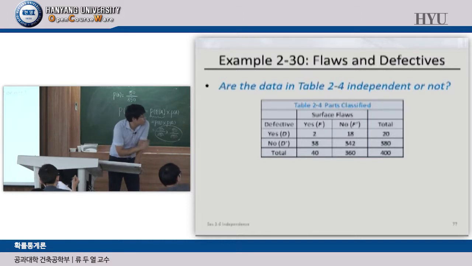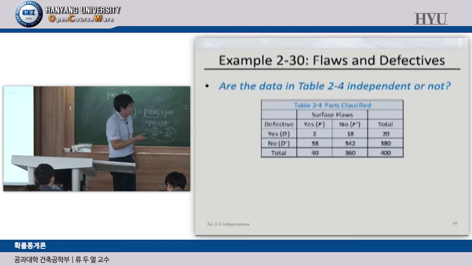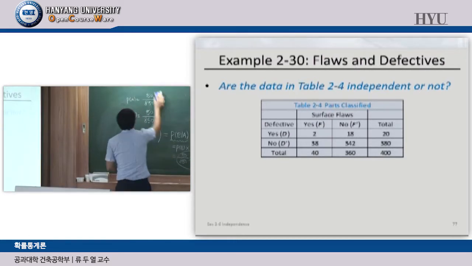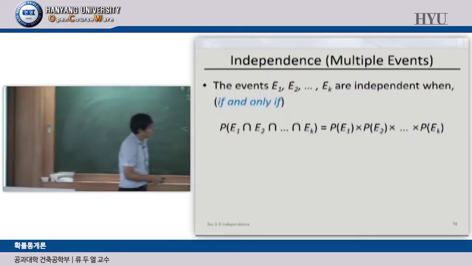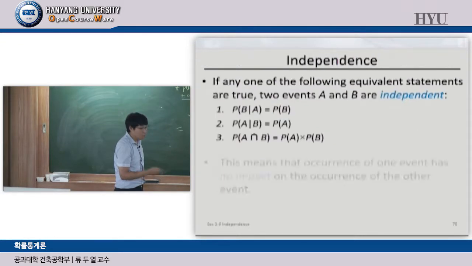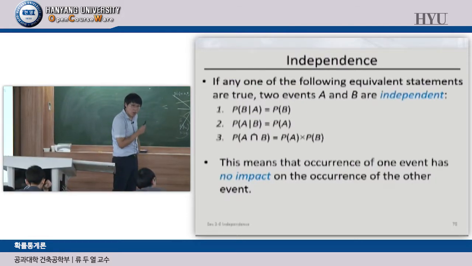So to determine the independence of the data in table 2-4, we can simply apply the previous equation as I explained in the previous slide. And if we apply this third definition, we can determine whether the data in table 2-4 are independent or not, okay?